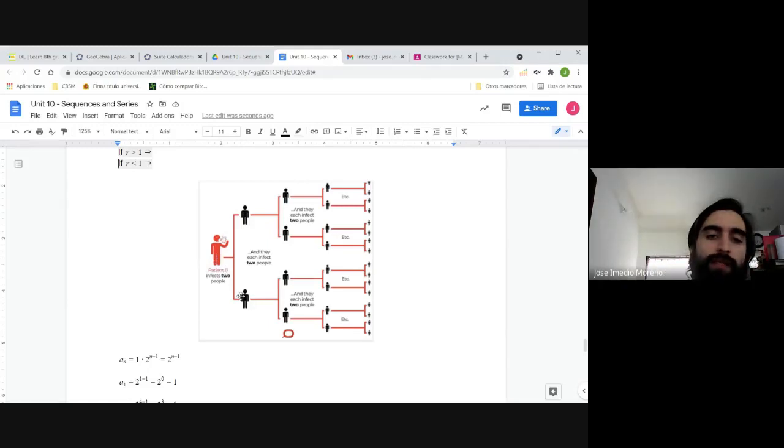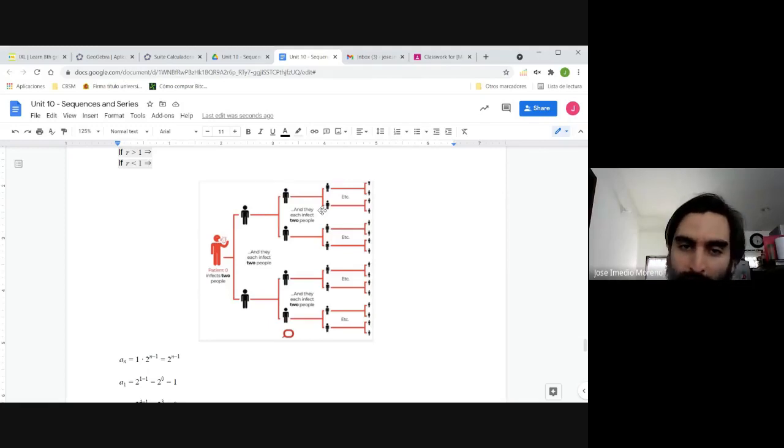Then this person, on day two, infects two people. These two people are going to infect on day three. This person is going to infect two more people. This other person is going to infect two more people. And so on.